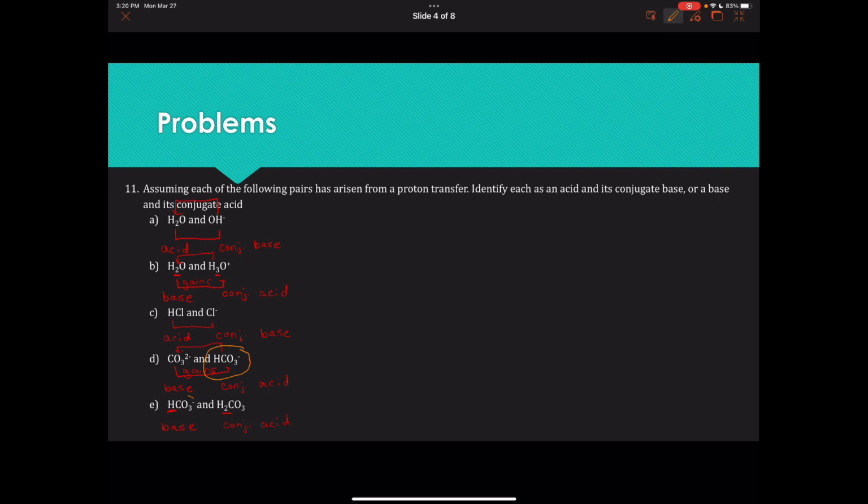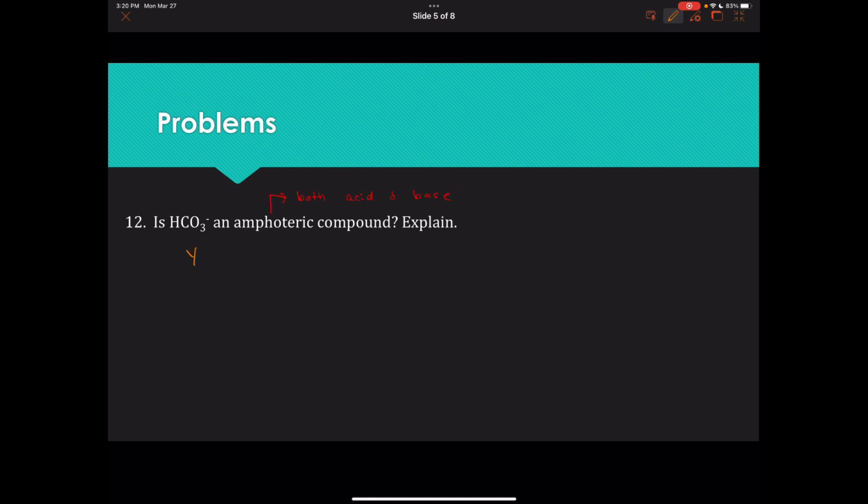But in part E, it was a base. So we have scenarios where it can behave as both an acid and a base. So that HCO3 minus is going to be amphoteric. So again, we know it's amphoteric because it behaves as both an acid and a base.